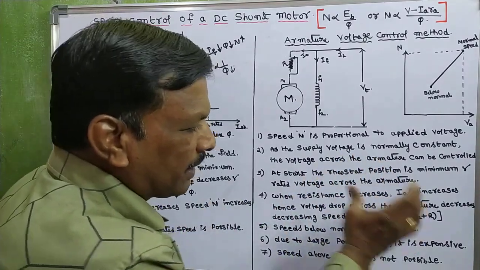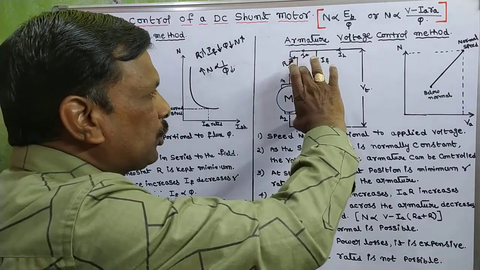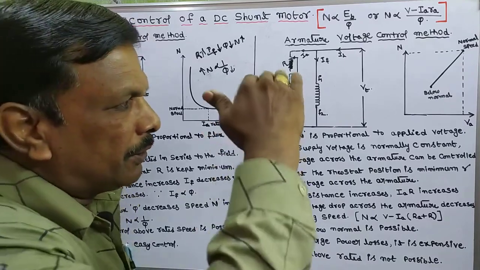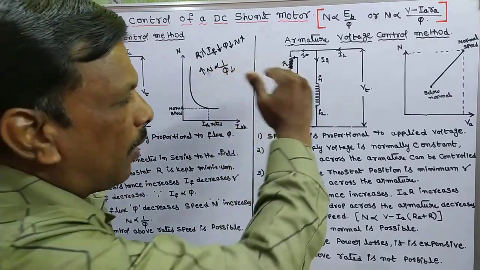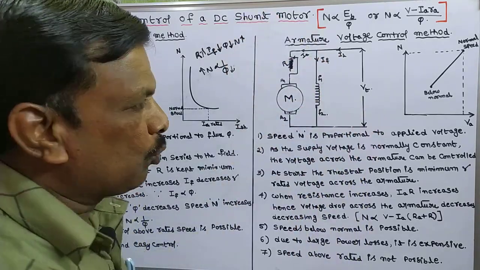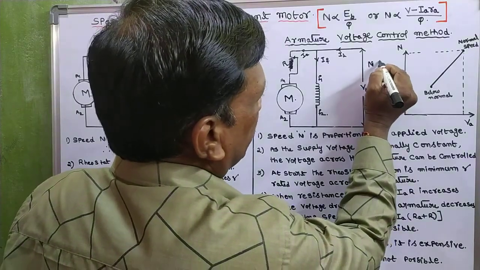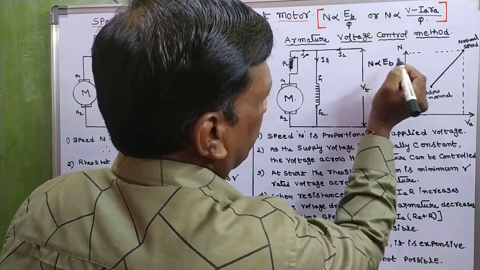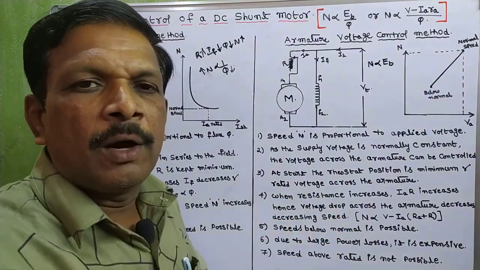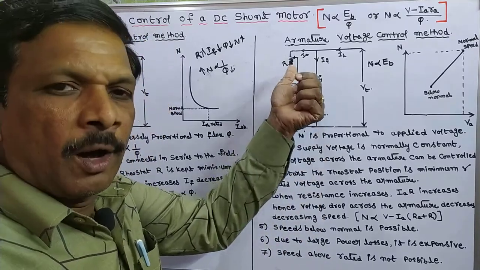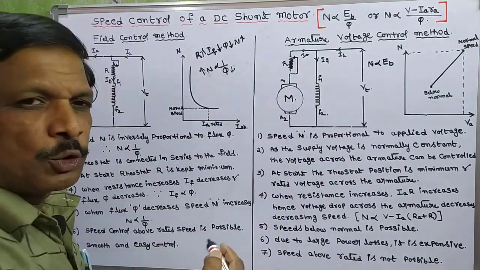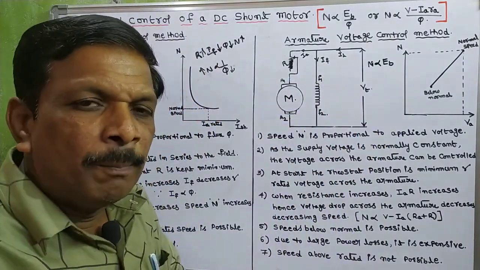When the drop increases, the voltage across the armature decreases. When armature voltage decreases, the speed also decreases. Why? Because speed is directly proportional to EB, where EB is equal to V minus IA (RA plus R). Now we added R. So with this method we are going to control the speeds below normal.